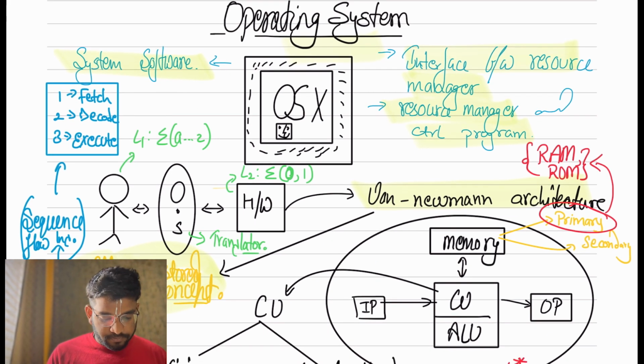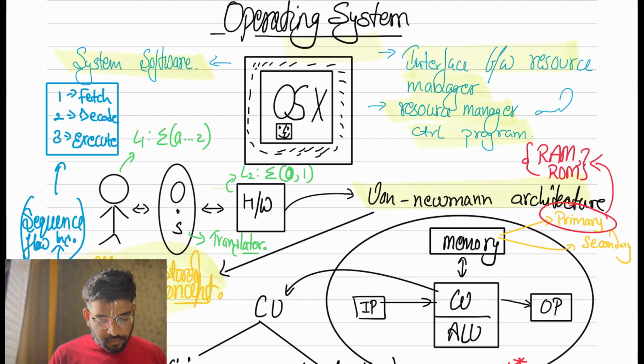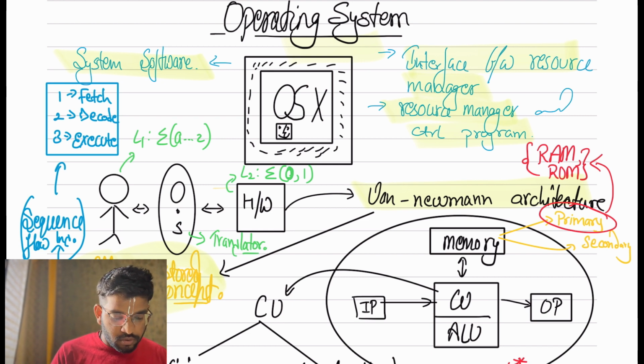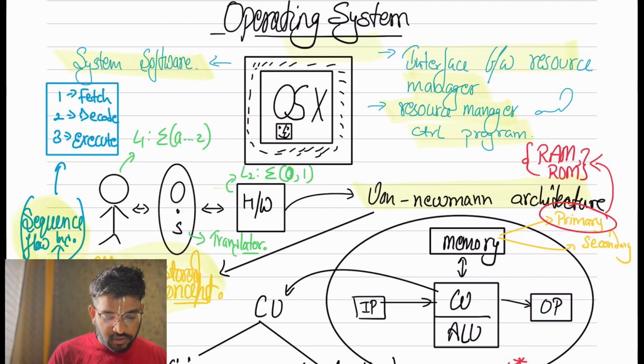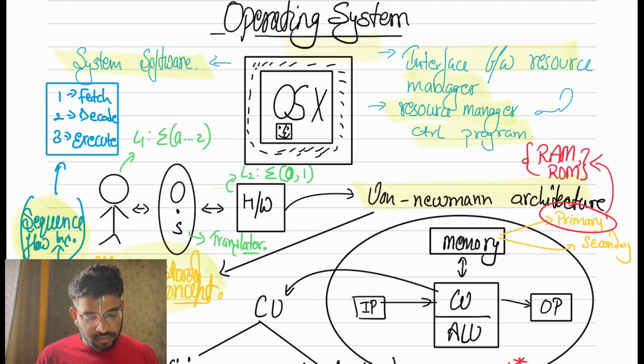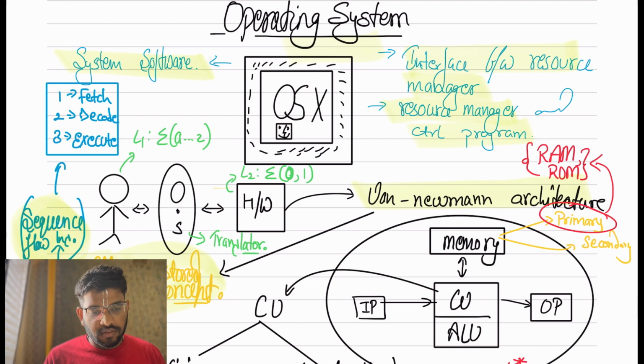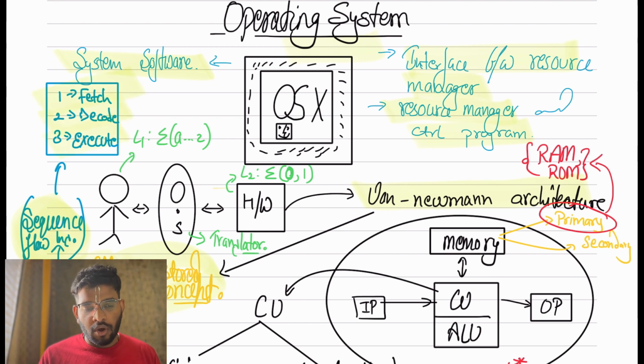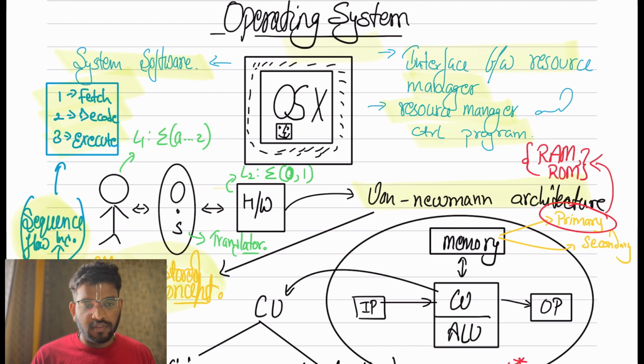In the stored program concept, it follows a sequence of instructions. Basically there are three steps. First, we fetch the instruction, then we decode the instruction, and then we execute the instruction. These cycles go on, and it always follows the same path.